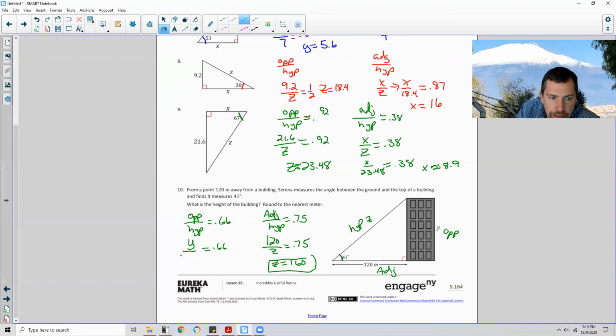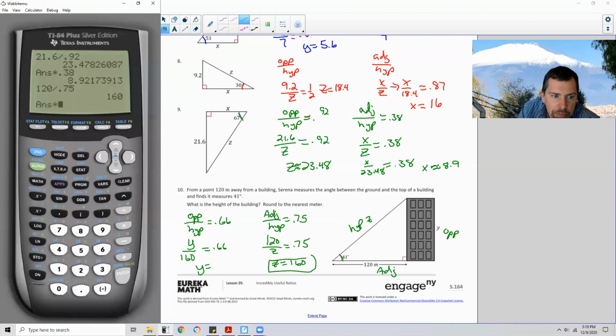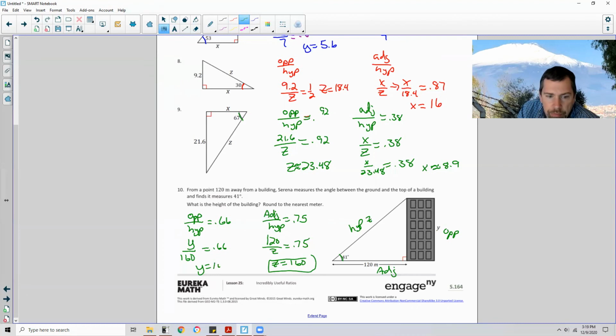My hypotenuse is z. I'm going to replace this with 160. And then I can find my y simply by taking 160 times 0.66, enter, and I get 105.6 meters.